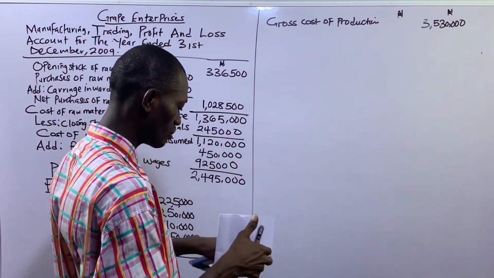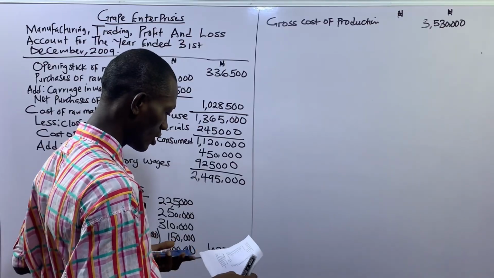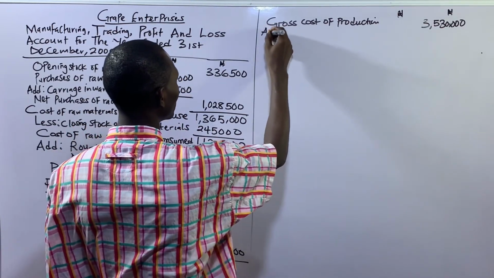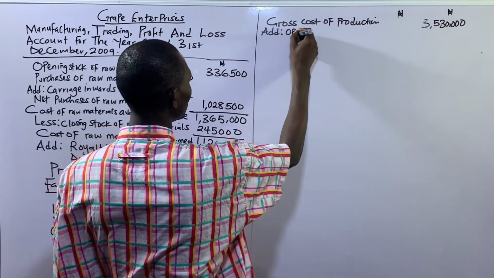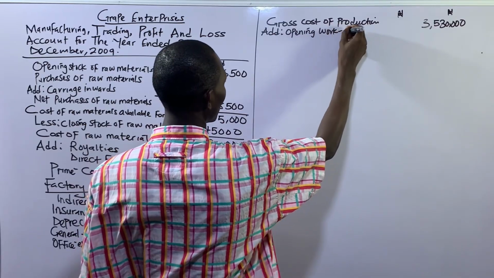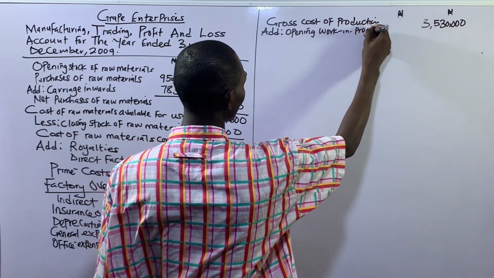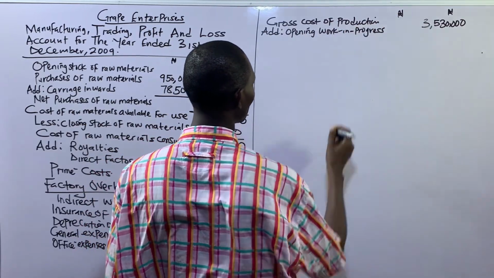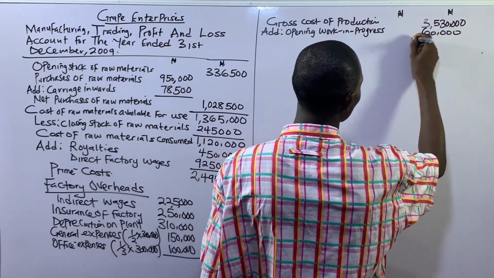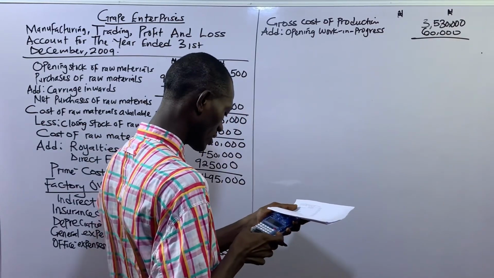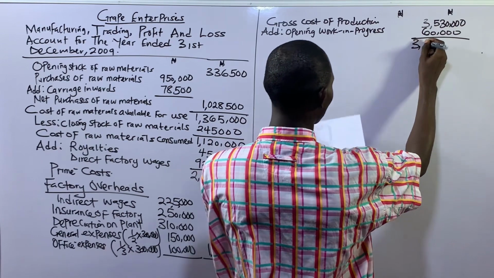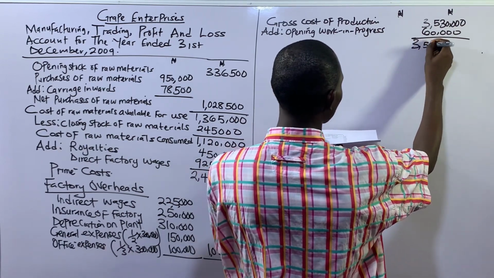The opening work in progress is given as 60,000. So we add it, plus 60,000. So that's 3,590,000.